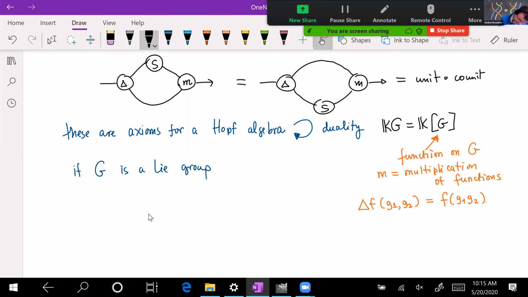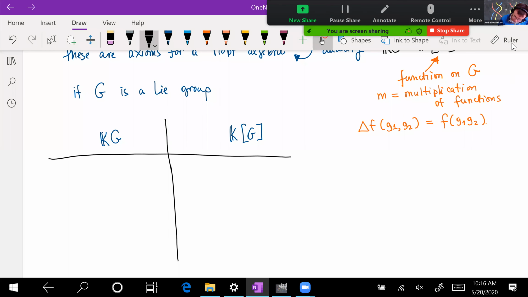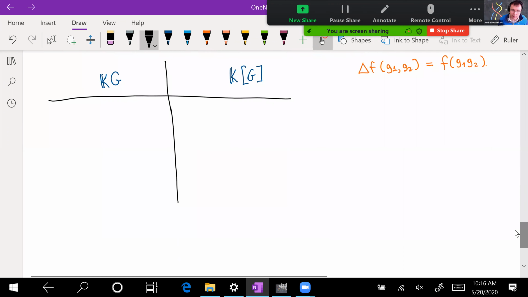So if G is a Lie group, there are many options for KG or the dual. One is we can just take, again, finite combinations of group elements, which is perfectly well defined as before.